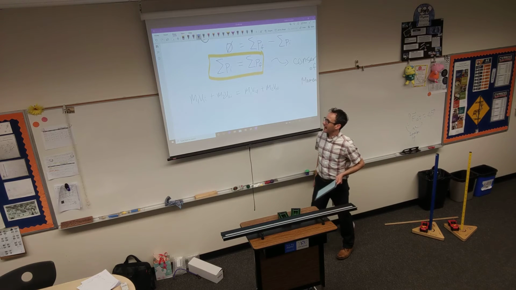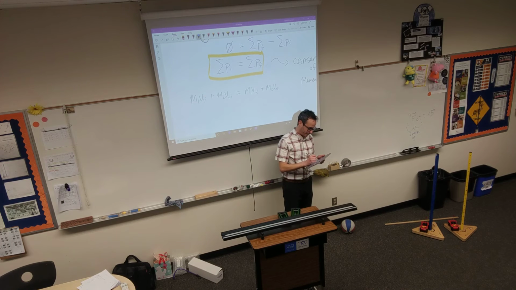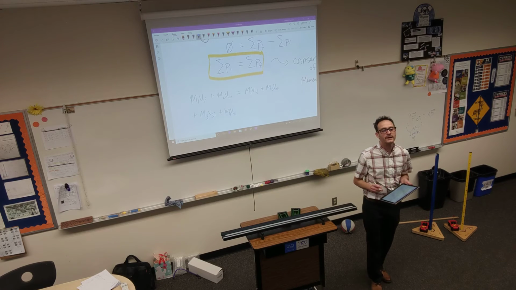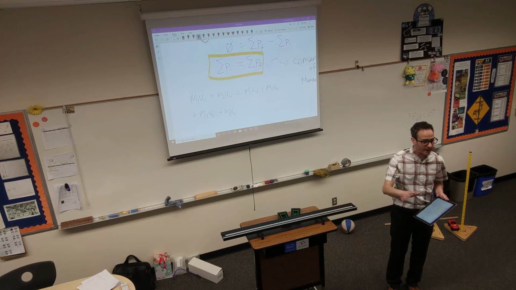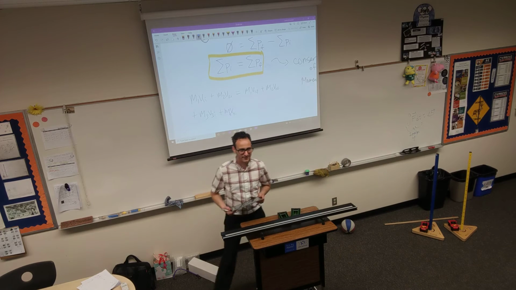If you had three objects, you would add plus m3 v3 initial. If you had four objects, it'd be plus m4 v4 initial. If you've got 5 objects, you go further. If you get 10, you say, forget that, I'm using a computer, because it's too much.